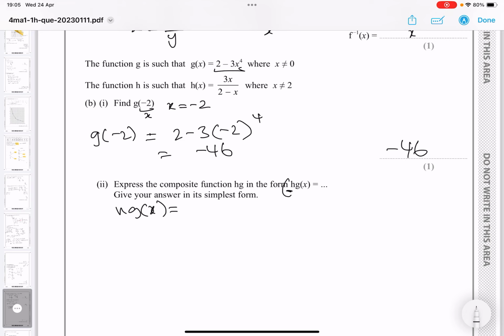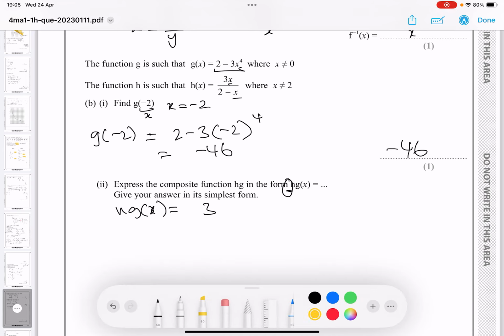So h is the original function, and you're putting g of x into that function. So I'm going to substitute the x's for g's now, because we're putting the whole g of x function into the h of x function. So hg of x will give you 3g over 2 minus g.